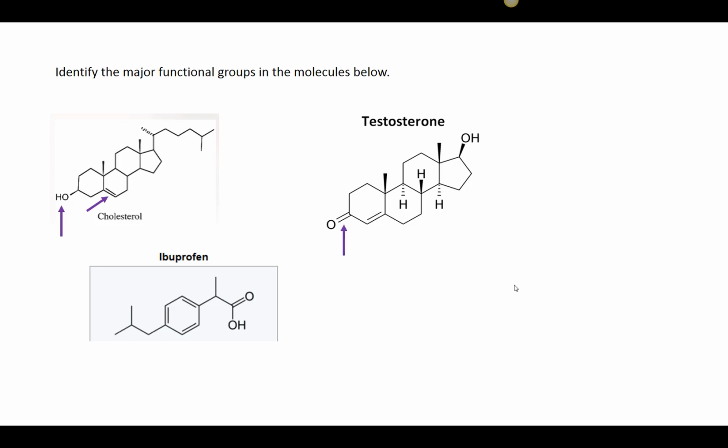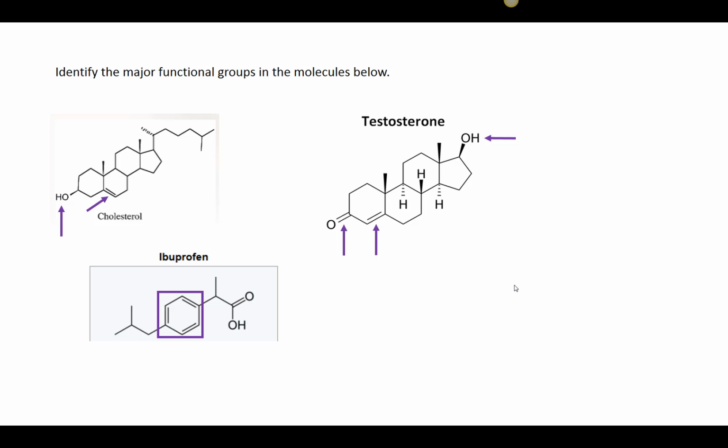All right, let's go ahead and look at testosterone. Testosterone has a double bond oxygen. Remember, that's our ketone. Again, the name gives us a little bit of a hint sometimes. Also, we can see that there's a carbon-carbon double bond, or an alkene. And then we also see that we have an OH, or an alcohol, within our testosterone. Let's look at ibuprofen.